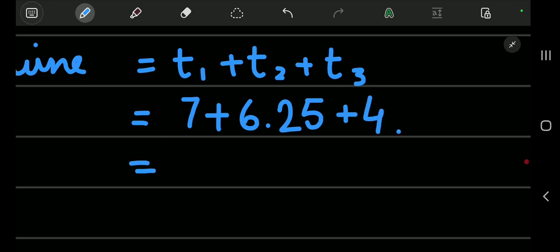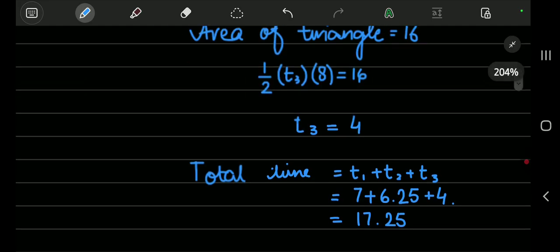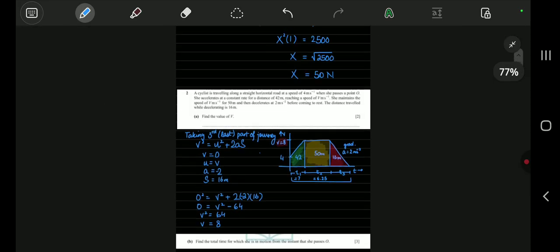They will add up to give you 17.25. Now let's show you the whole question.